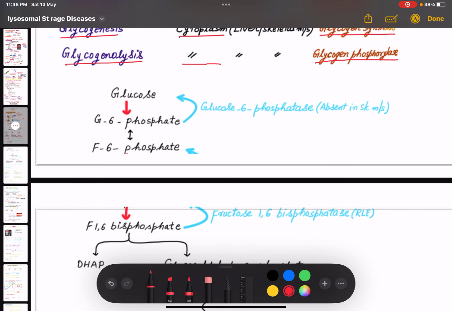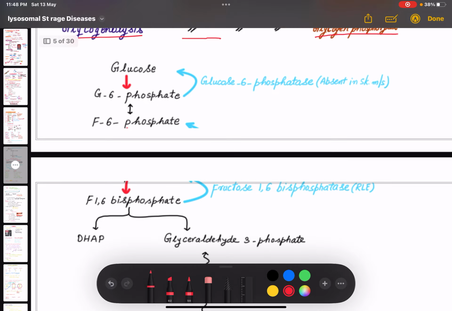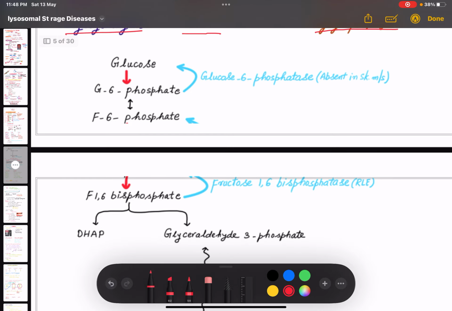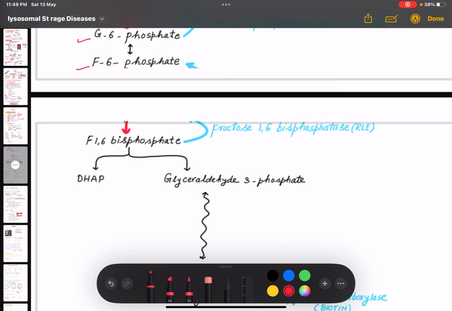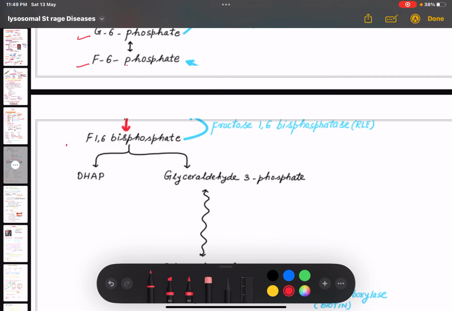Now let's see another important topic, that is glycolysis. Glycolysis is the breakdown of glucose. See, glucose gets converted into glucose 6 phosphate, then glucose 6 phosphate gets converted into fructose 6 phosphate, and from fructose 6 phosphate we get fructose 1,6 bisphosphate.